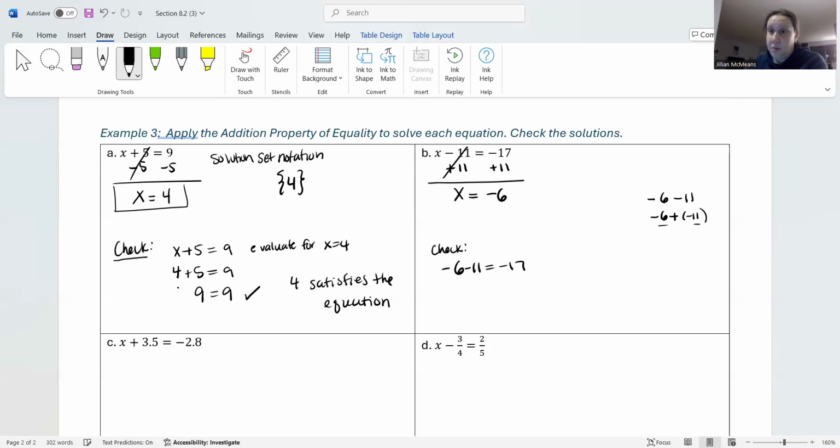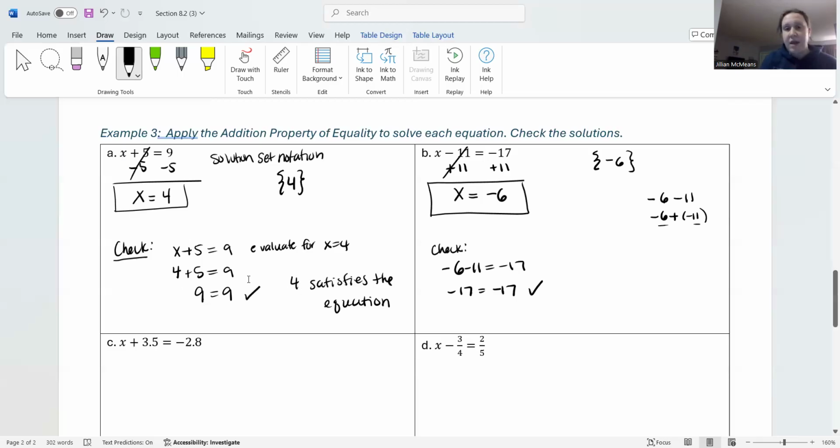Well, when you add two numbers that have the same sign, you just add them and then keep the sign. So 11 plus 6 is 17, and they're both negative, so it really is negative 17. So this is true, so we can say with confidence our solution is negative 6. And remember, you could see the solution set notation where you have curly brackets with your negative 6 inside.